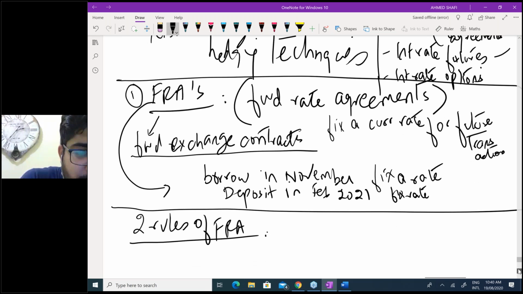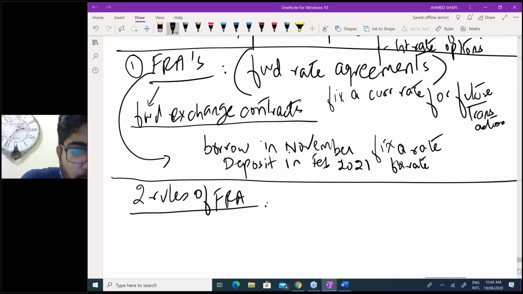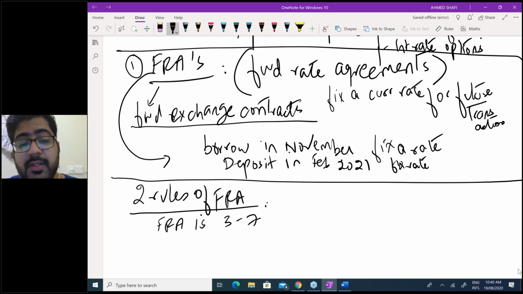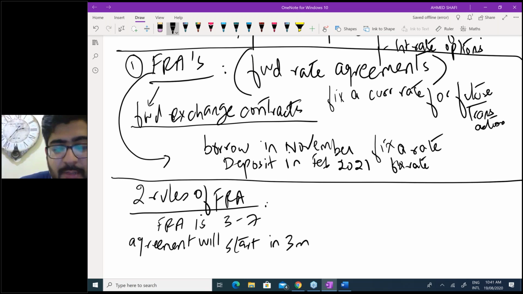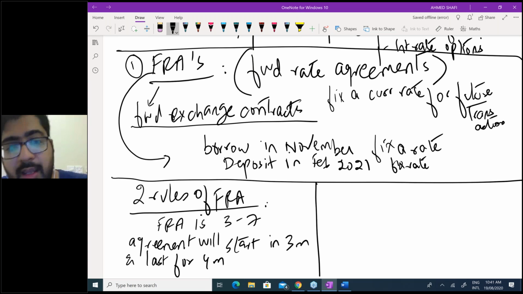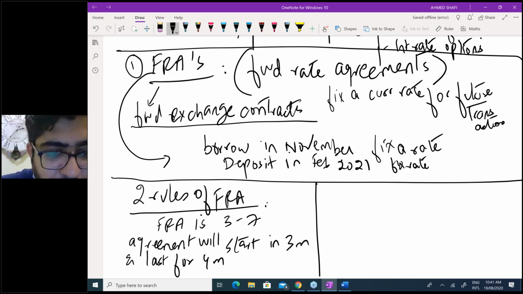Rule number one: if it's written FRA is 3-7, what is the meaning of this? It means the agreement will start in 3 months. The first digit is the starting time period. The agreement will start in 3 months, and the lasting period is denoted by the gap. It will last for the gap, 4 months.